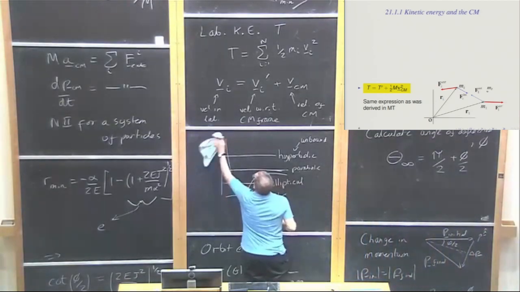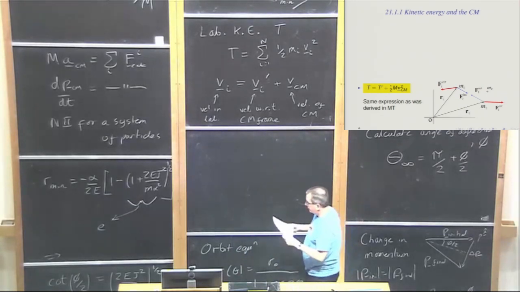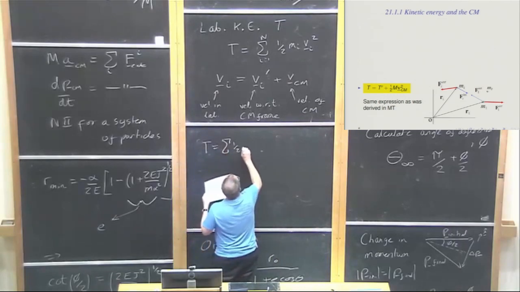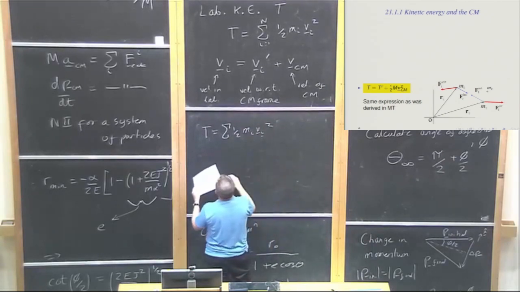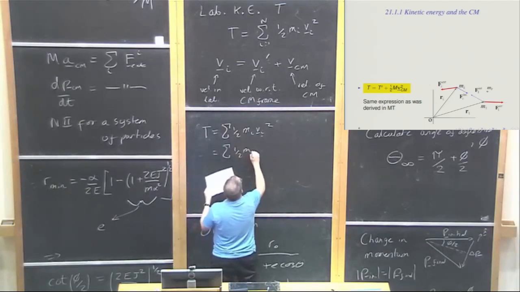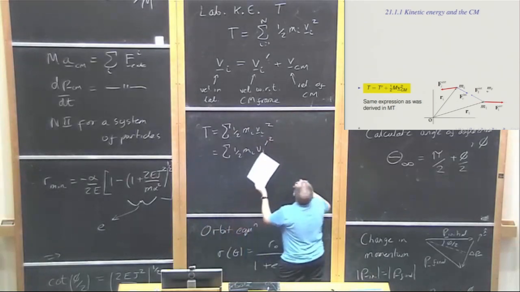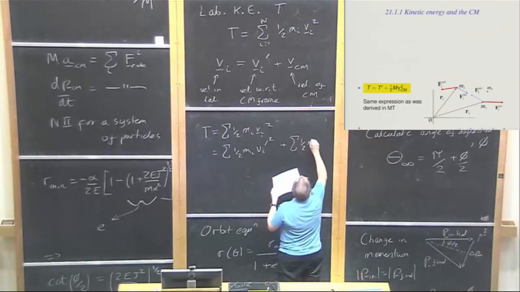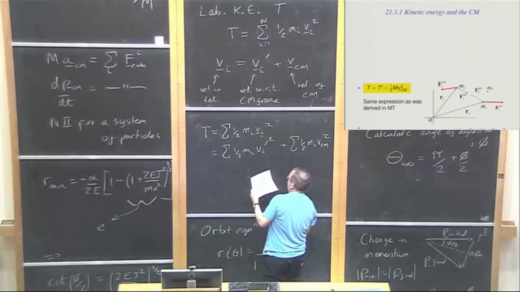So I do that because I now want to write this kinetic energy in terms of these new quantities. So I have that T is the sum over half m_i v_i squared, which is therefore the sum over, substituting this in, a half m_i v_i prime squared, and the second term plus the sum over half m_i v_CM squared, and then I'm going to get a cross product.